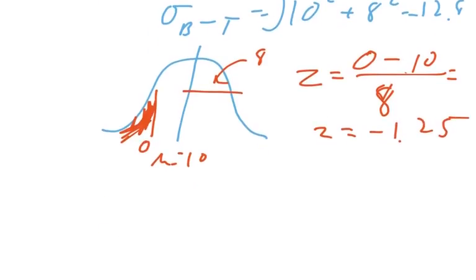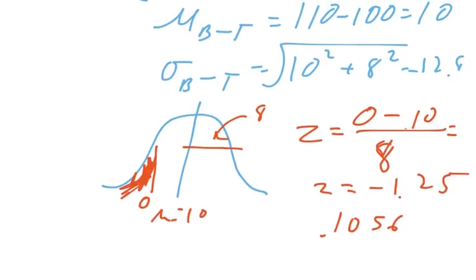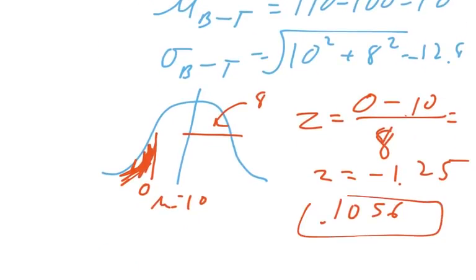For those of you using the chart, look up the z-score of negative 1.25, and that's your answer. For those using normal CDF, do normal CDF from negative 9999 to negative 1.25, and you should get the answer of 0.1056, which means Bob does better than Tom only 10% of the time, because scoring low in golf is better.